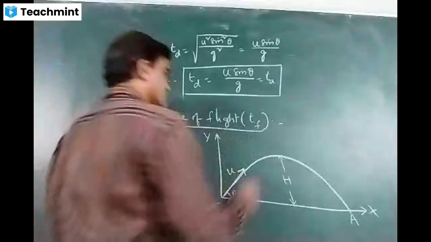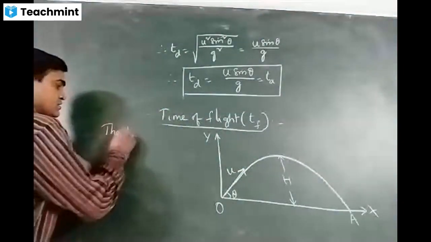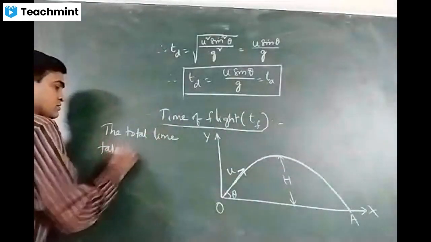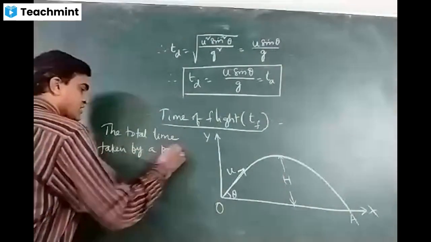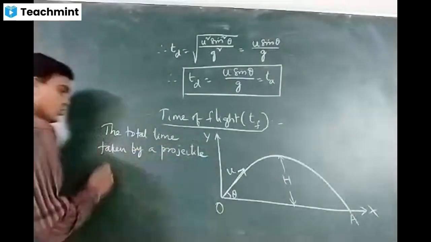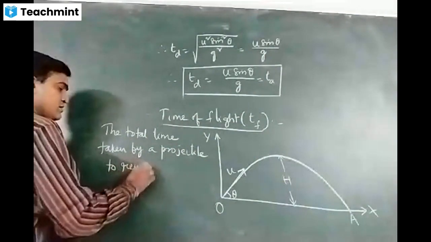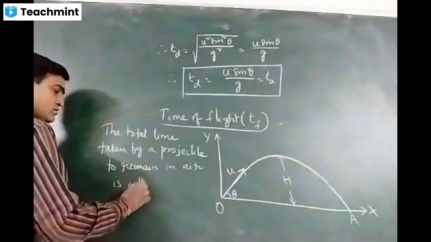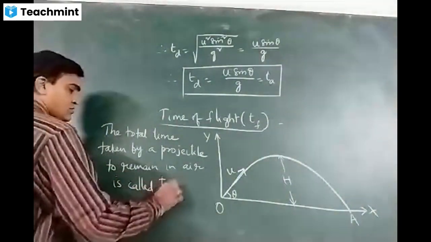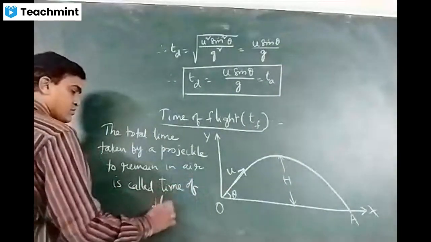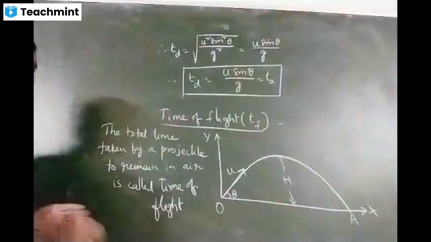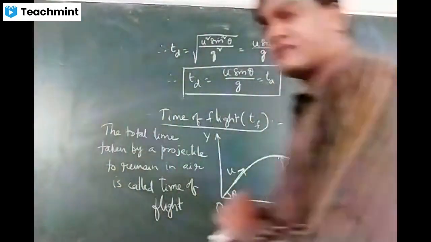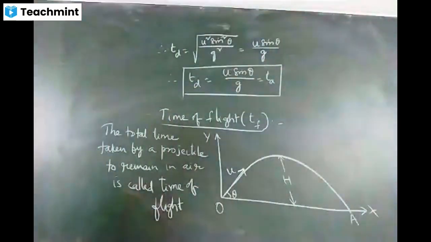You can define it like this: the total time taken by a projectile or particle to remain in air is called time of flight.